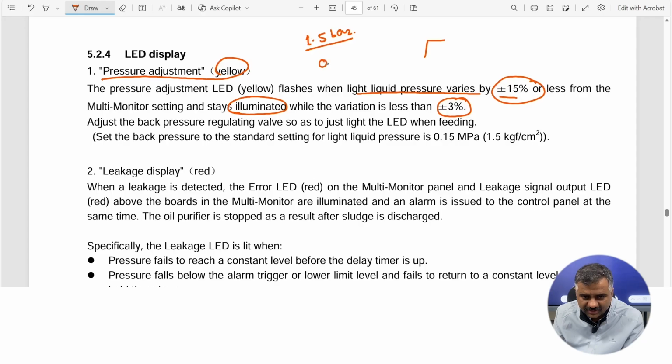And 3% of this is 0.045. Okay, so around 1.44 bar or around 1.45. Okay, 1.45 to 1.55.